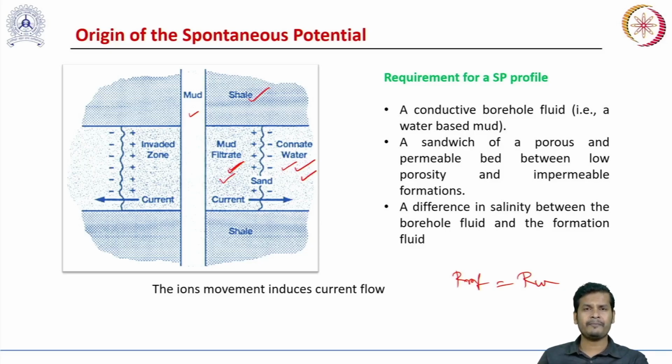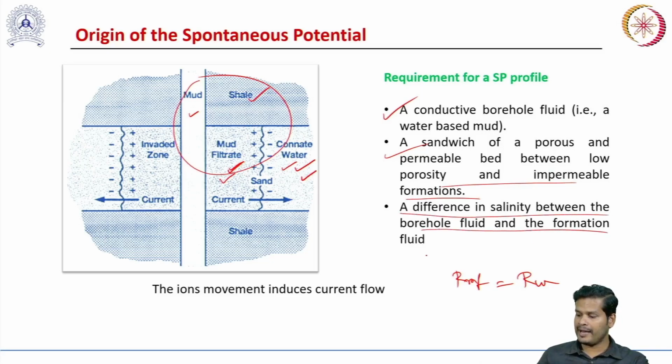Typically this is where our spontaneous potential will exist, across the junction where shale and a porous and permeable formation meet. That means we must have a conductive borehole fluid, a porous and permeable formation sandwiched between low porosity and impermeable formation, which is shale, and a difference in salinity between the borehole fluid and the formation fluid.